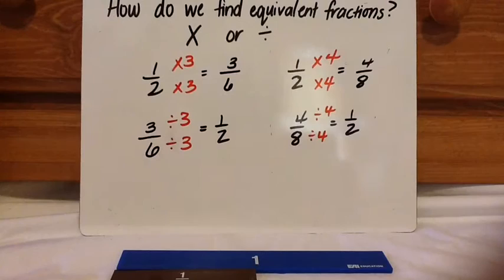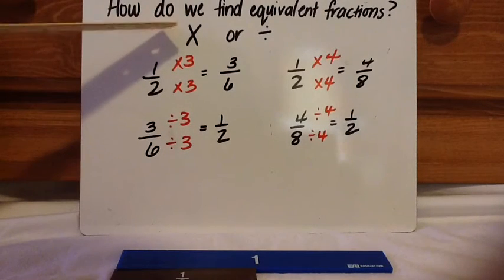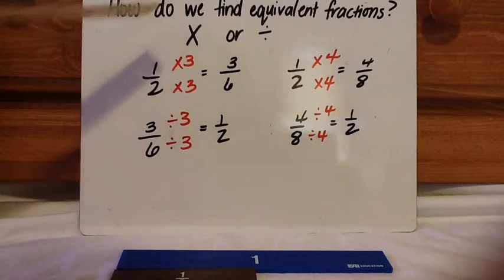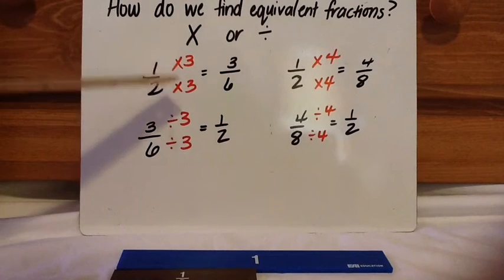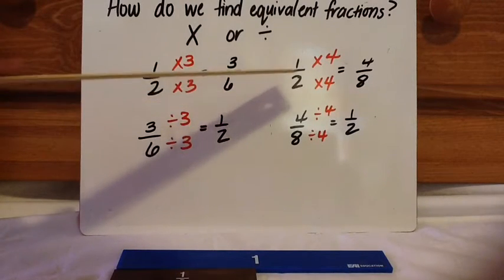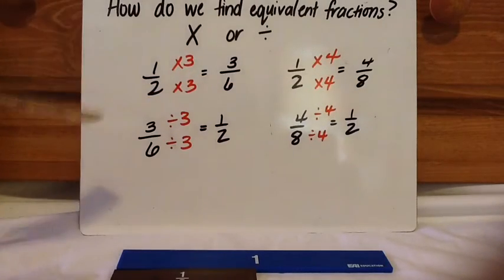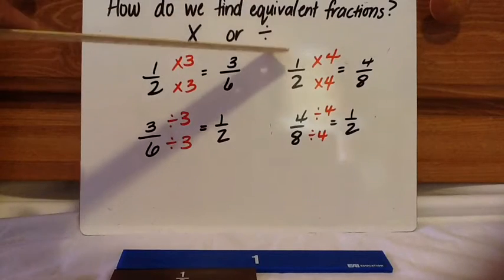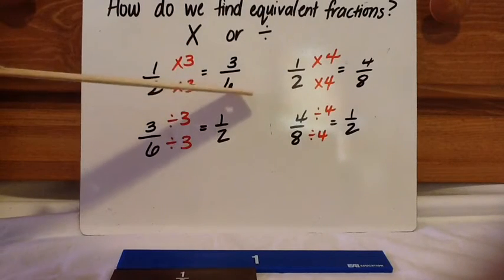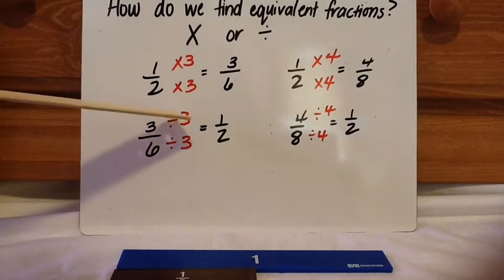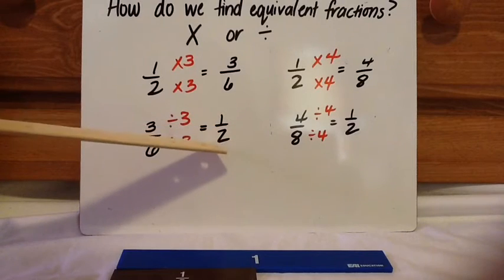So the question is, how do we find equivalent fractions? In my other videos, I showed you how to find equivalent fractions through multiplication. So if I had 1/2 times 3, I would get 3/6. If I did times 4, I would get 4/8. The other way to do it is through division. You can take 3/6 and divide by 3 and you get 1/2.